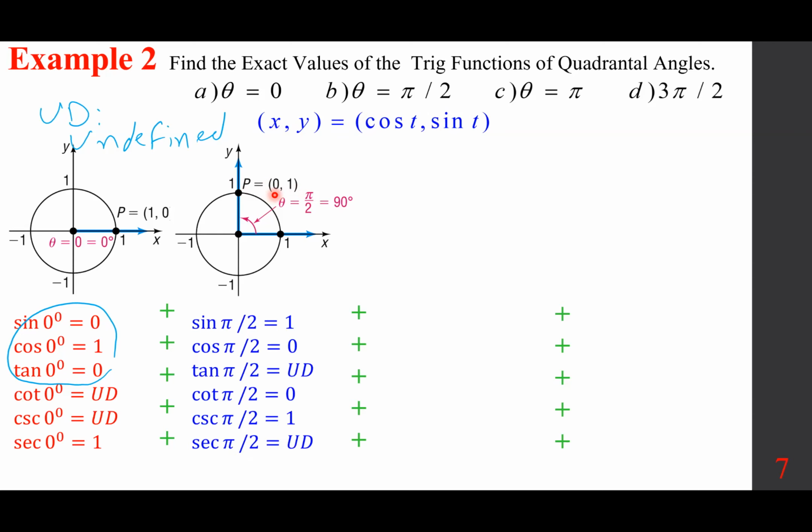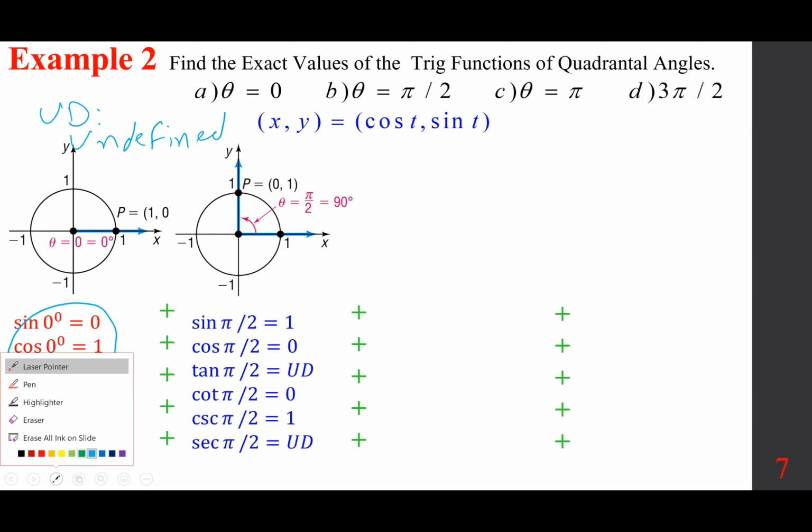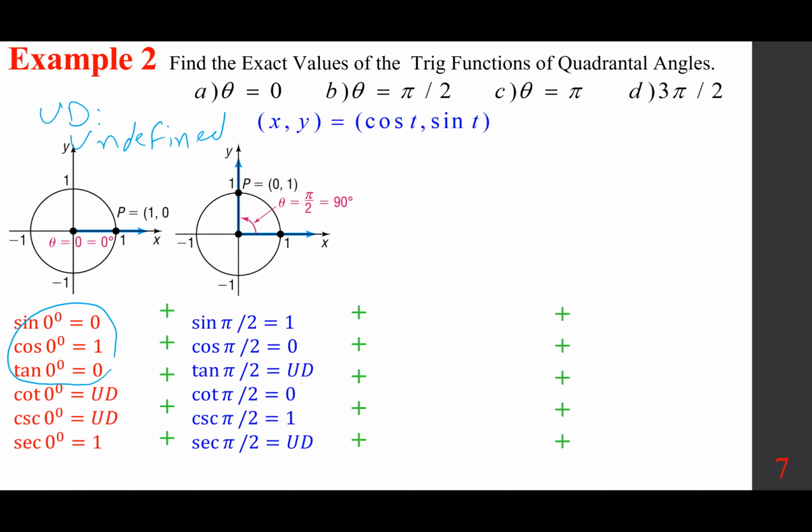So again, take a look at the first three. And then the reciprocal of sine is 1, it's cosecant. The reciprocal of cosine becomes undefined. And tangent is undefined, so cotangent becomes 0.